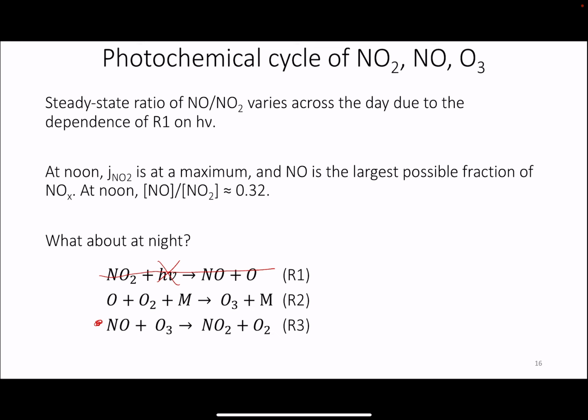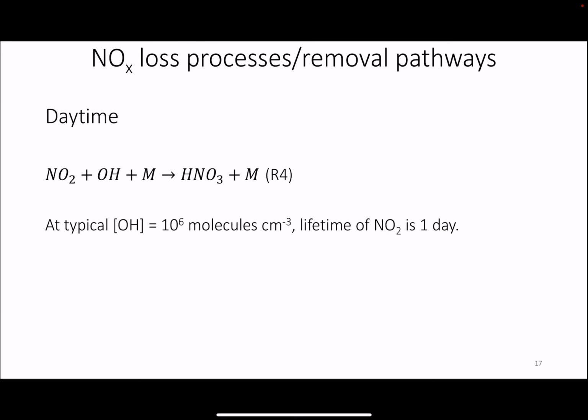So at night, essentially the concentration of NOx is equal to the concentration of NO2. Okay, so this NO to NO2 ratio varies a lot during the day because of this dependency on light. Okay, so that's NOx conversion.